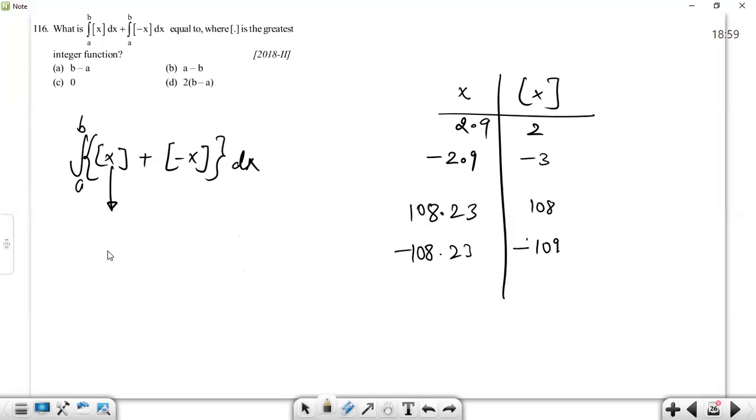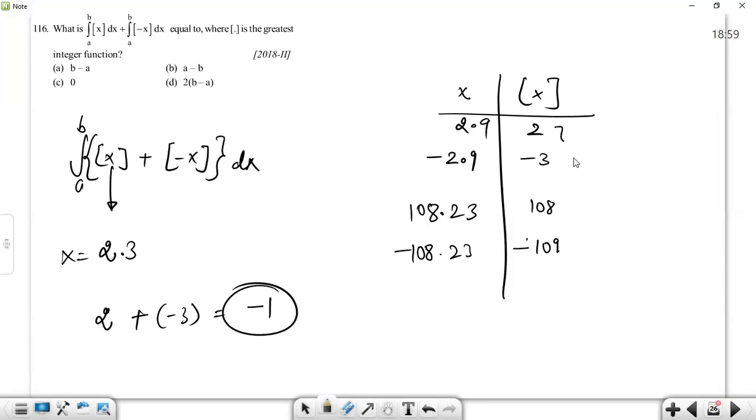Let x be 2.3. For 2.3, the greatest integer function will be 2, plus for minus x, for minus 2.3, the greatest integer function will be minus 3. So this will come out as -1 every time. For all x, this sum is going to equal -1.